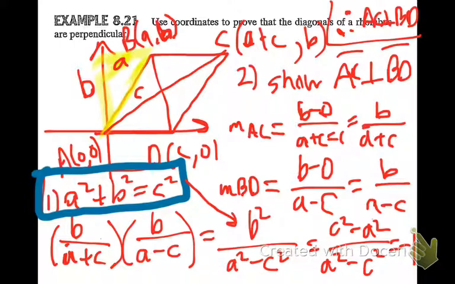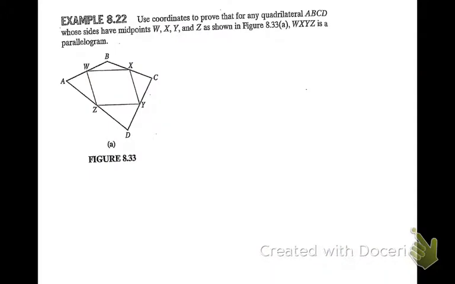Everybody have this? Alright, on this last one, use coordinates to prove that any quadrilateral ABCD whose sides have midpoints W, X, Y, and Z as shown, is a parallelogram. The first thing I need to do is take this shape ABCD and get it so one of its sides coincides with an axis.